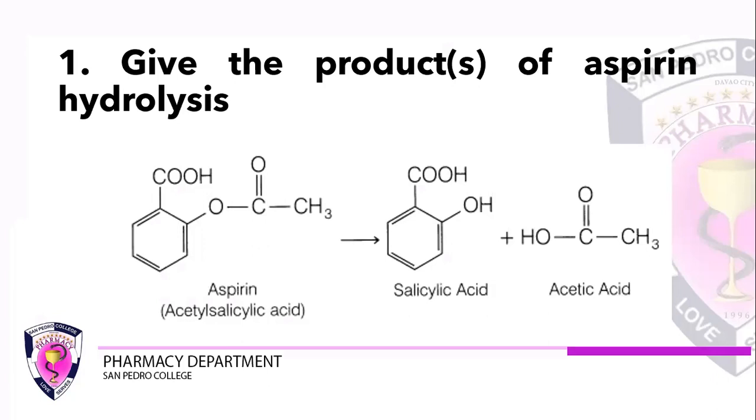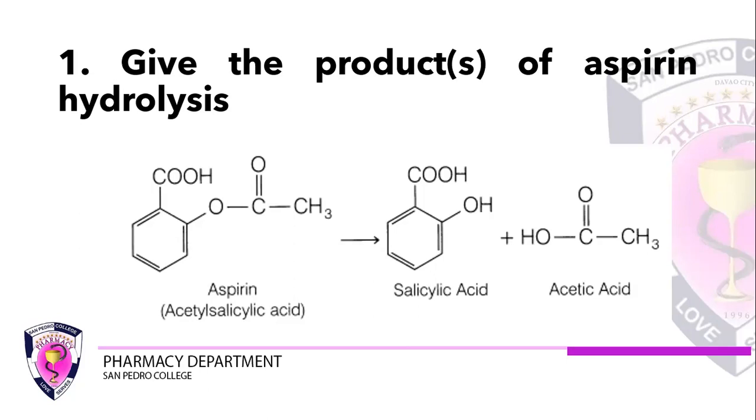Yung salicylic acid plus acetic anhydride forming aspirin and acetic acid. Okay, so going back, give the products of aspirin hydrolysis. So aspirin, when hydrolyzed, it forms salicylic acid plus acetic acid.